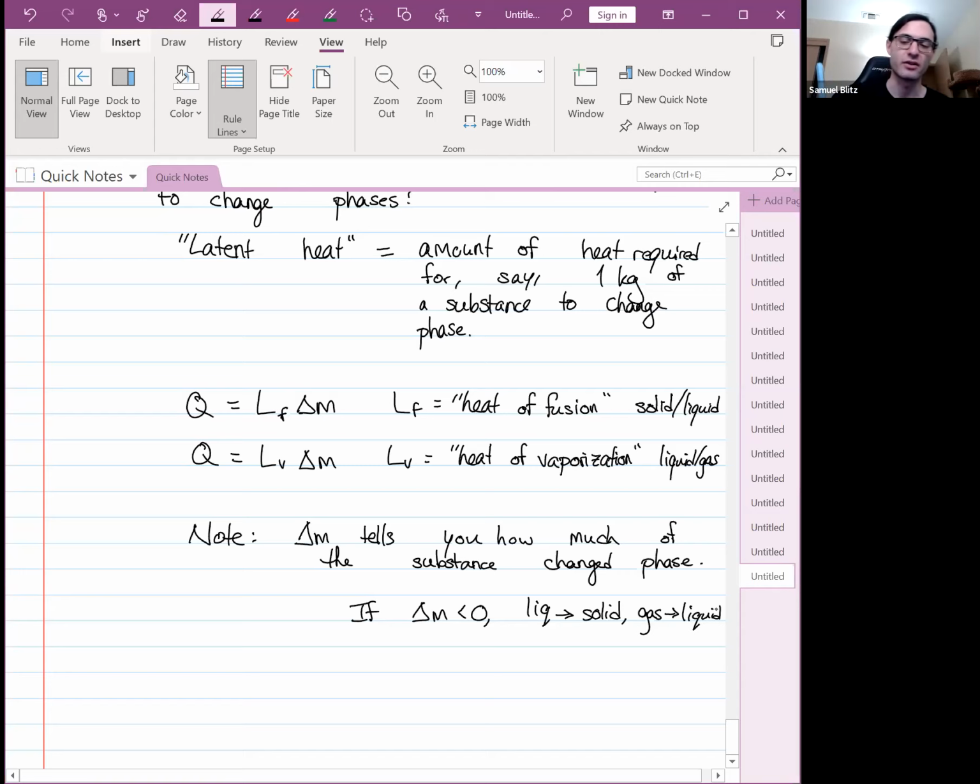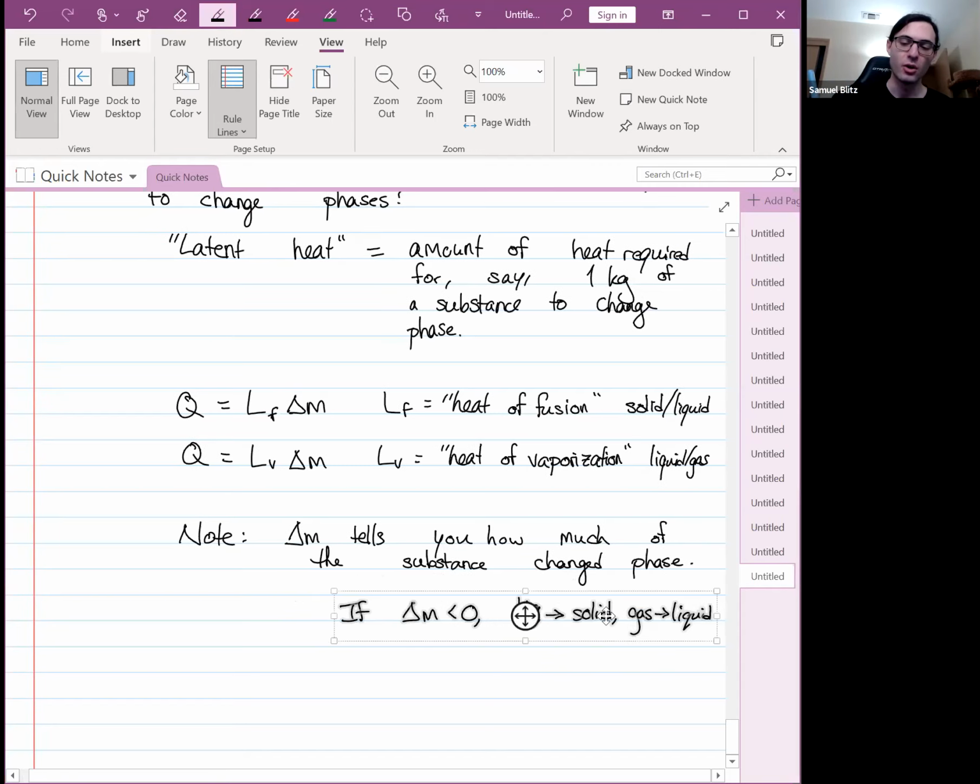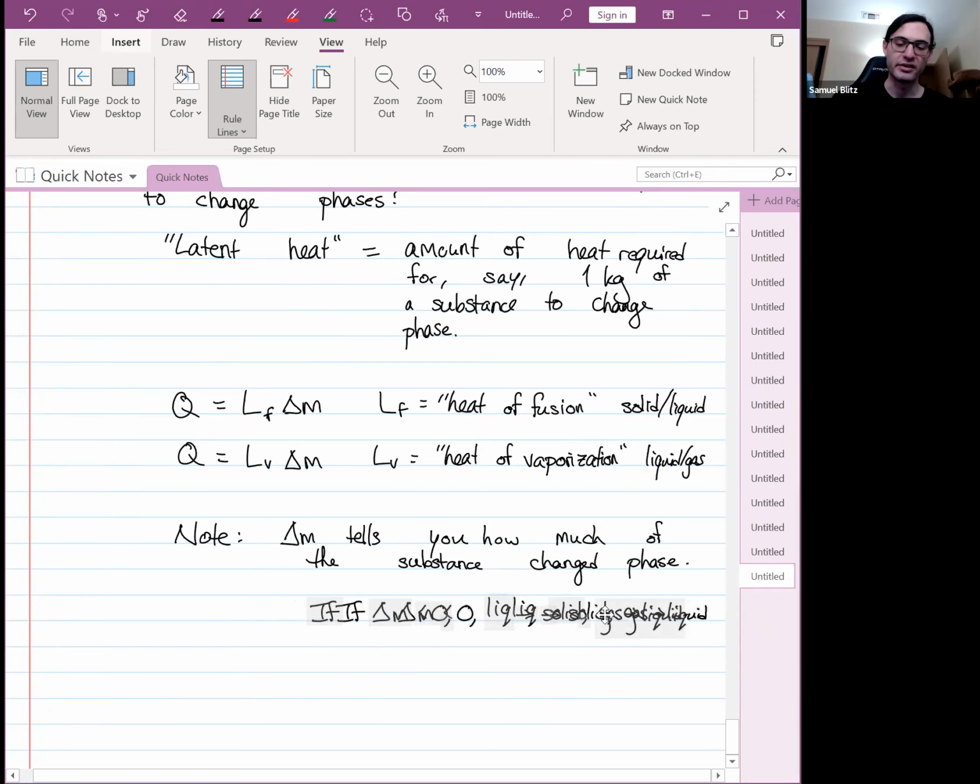You plug in a negative sign for the amount of phase change when your material is going to the lower phase. So say you're taking 1.5 kilograms of water and having it release heat so that it turns into a solid, well, then you would say that your delta M is negative 1.5 kilograms because your material is going from liquid to solid.